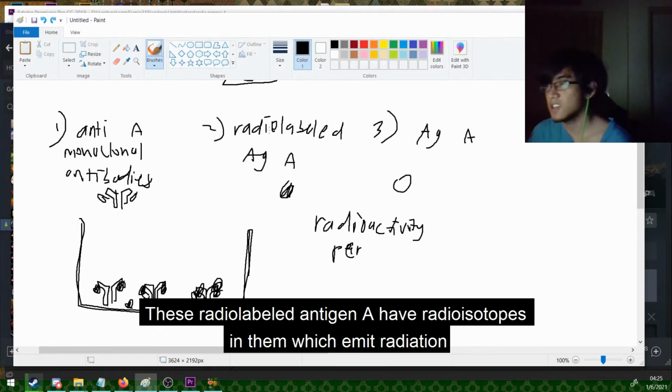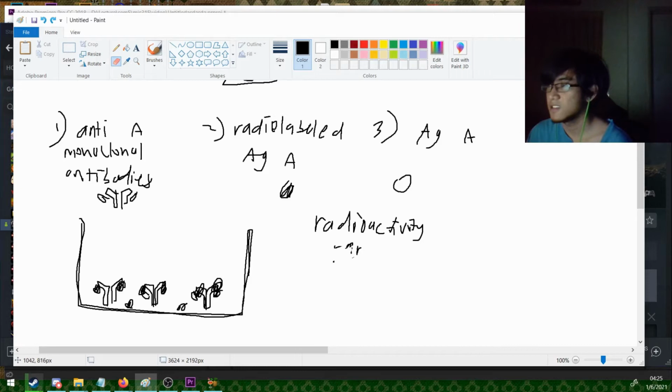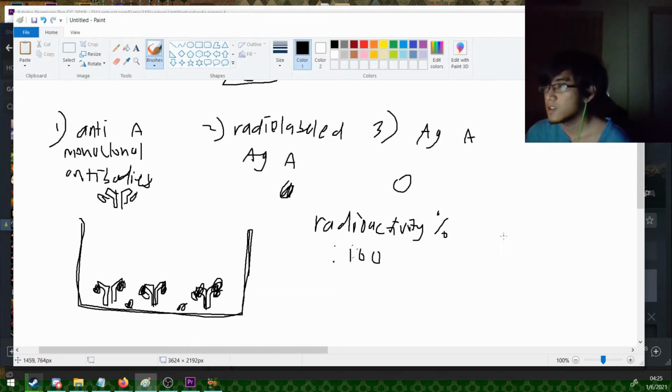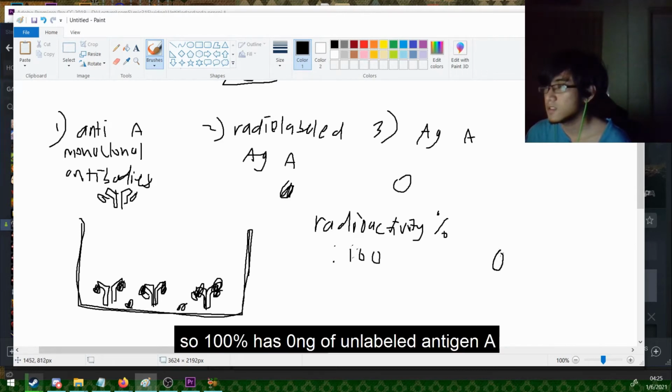Because these radiolabeled antigen A have radioisotopes in them, so they emit radiation. Since all of this is radiolabeled antigen A and there is no unlabeled antigen A in this, we will now graph in 0 antigen A there.